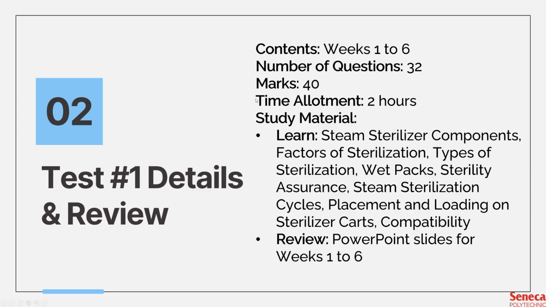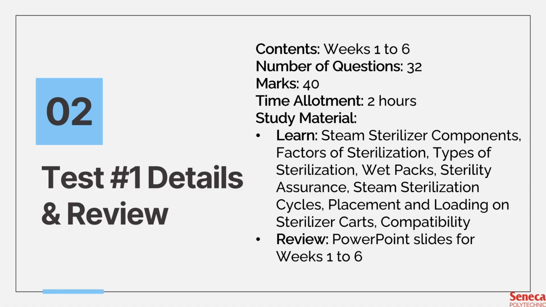And so now we'll be talking about test number 1, details and review. I believe we only have 2 short answer questions, but the whole short answer section is worth 10 marks. So both questions will be worth a lot of points as a result. The rest of it is just going to be the typical format that I use.